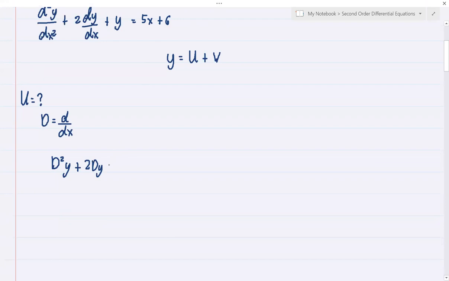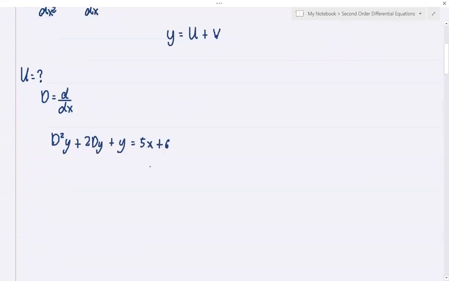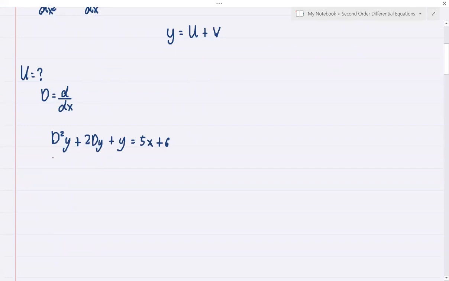Let's go back: plus y is equal to 5x plus 6. Now we're going to factor out your y in this expression. So we will have the quantity D squared plus 2D plus 1 times y is equal to 5x plus 6.